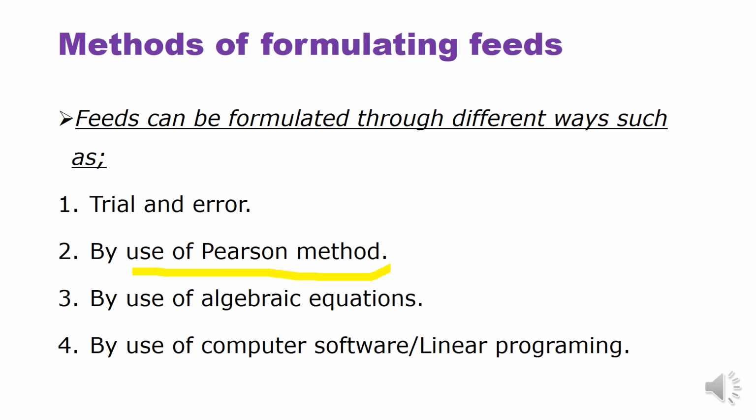It's always best when you're having 1 to 2 different ingredients. So we use a Pearson, but this requires that we know the CP. We can either use algebraic equations to formulate the feeds. Then you have some computer software, linear programming, that can be used to formulate.